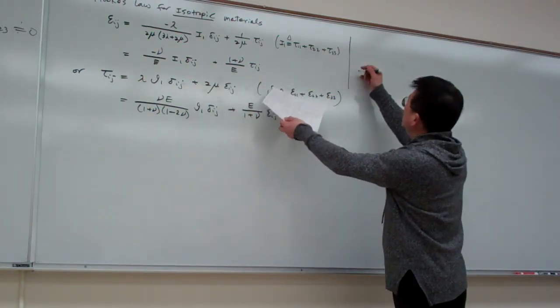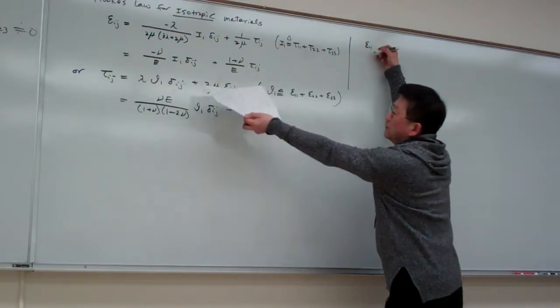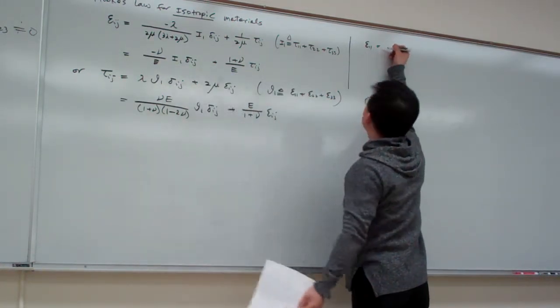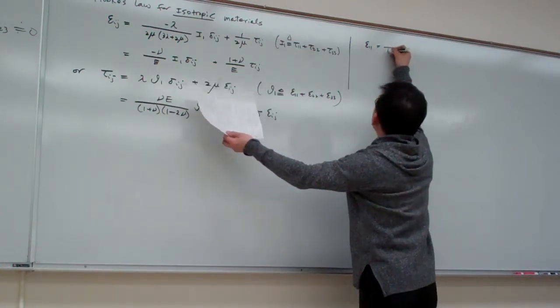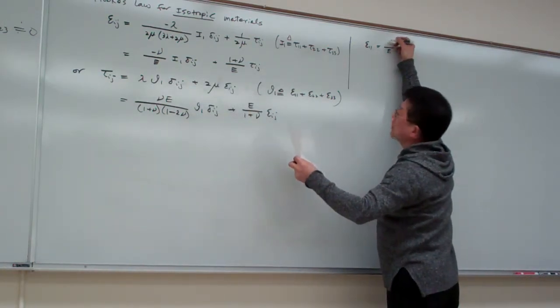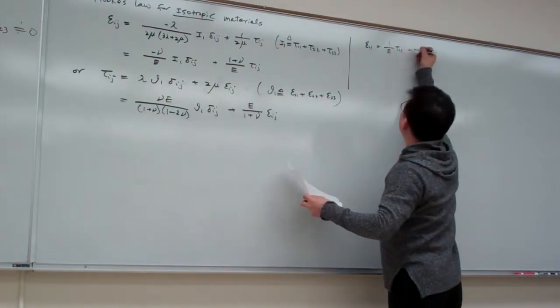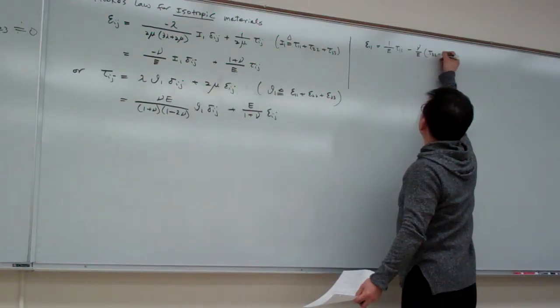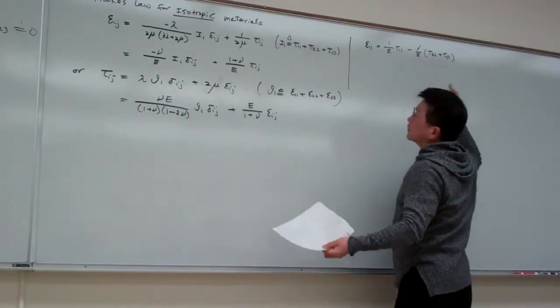So for example, for this case, for taking this equation, epsilon 1,1 is equal to, say, 1 over E, tau 1,1 minus nu (tau 2,2 plus tau 3,3). Okay.